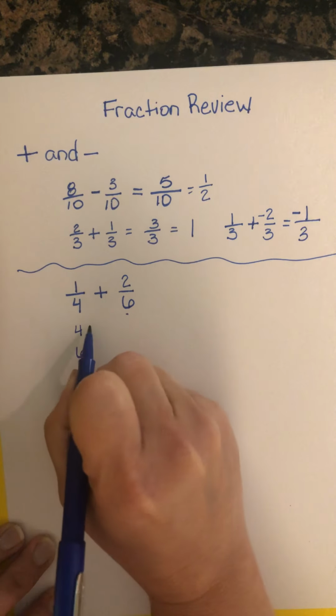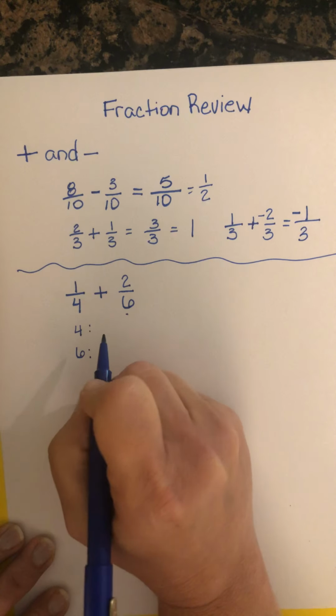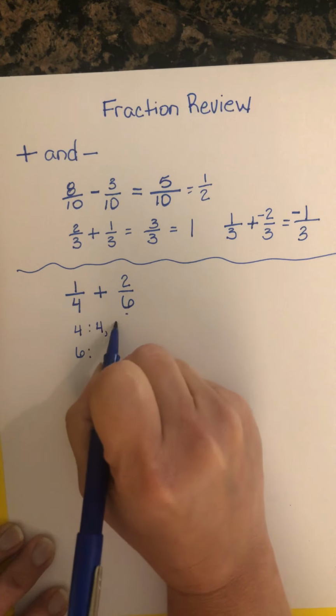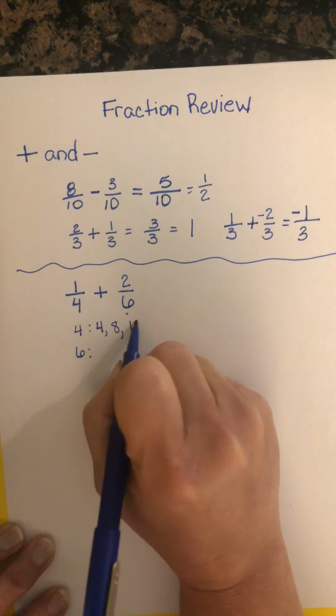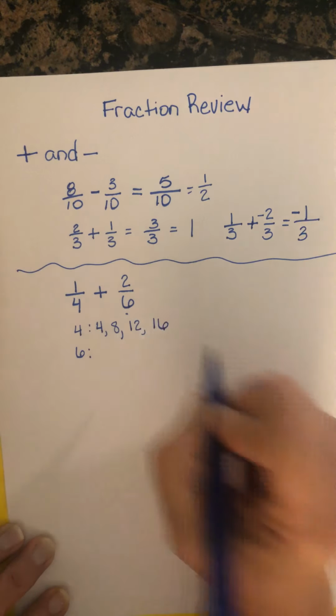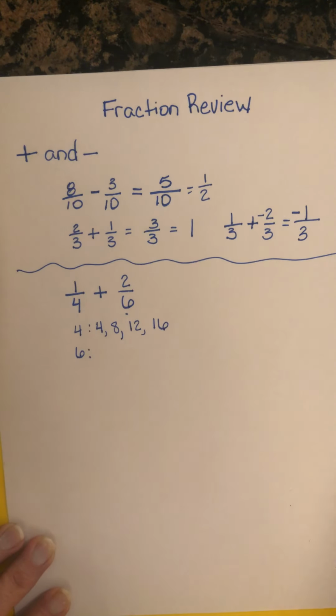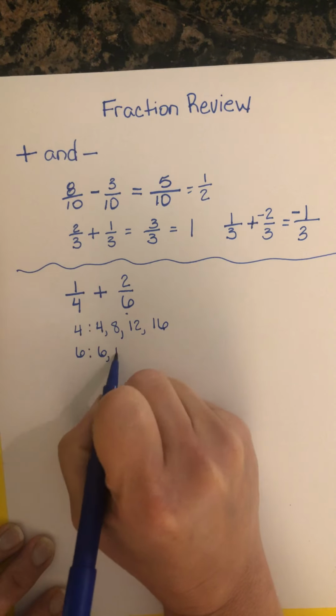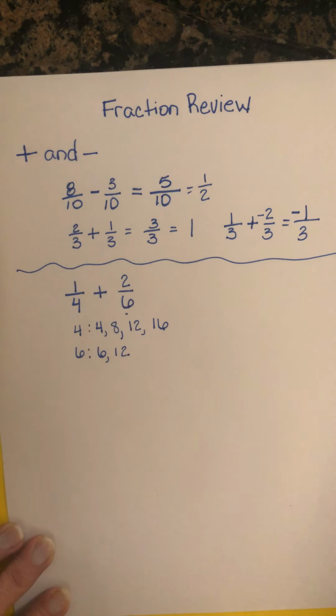Here's my 4, here's my 6. 4 times 1 is 4, 8, 12, 16. We'll stop there. 6, I have 6, 12. Okay, I have a common multiple.